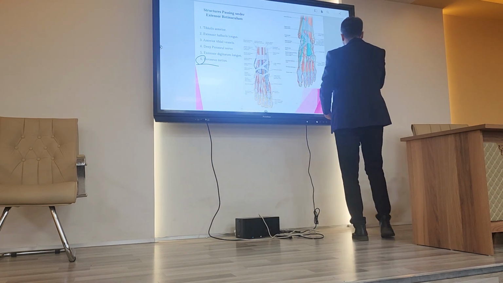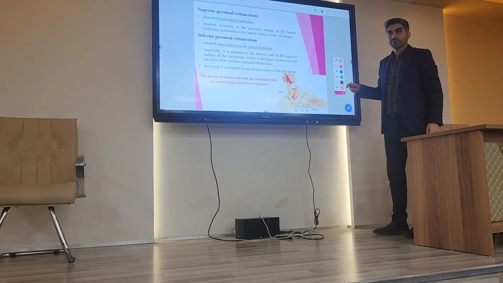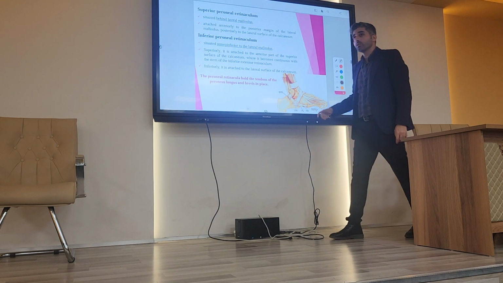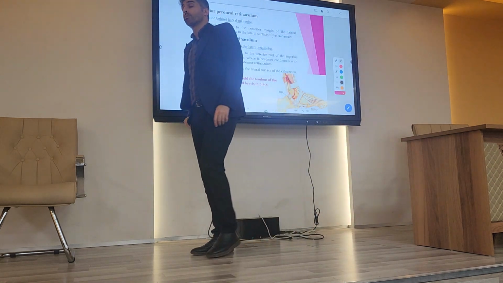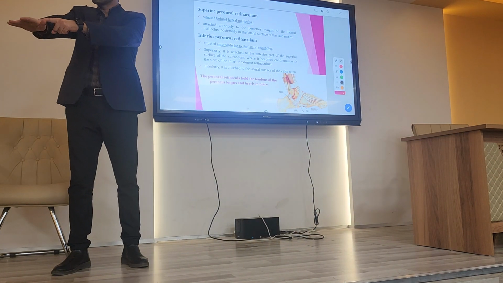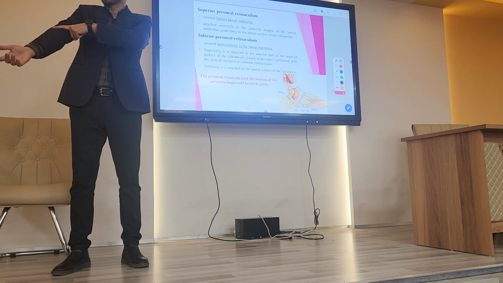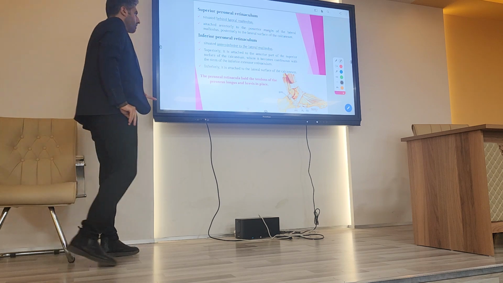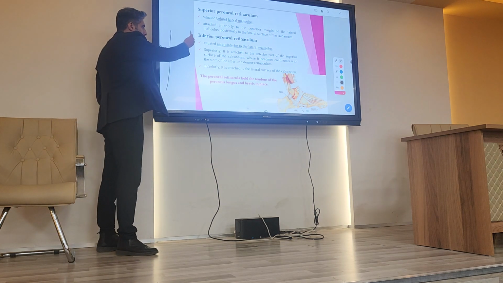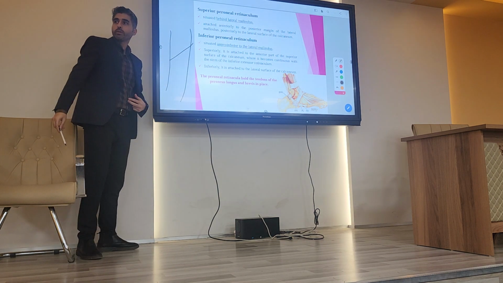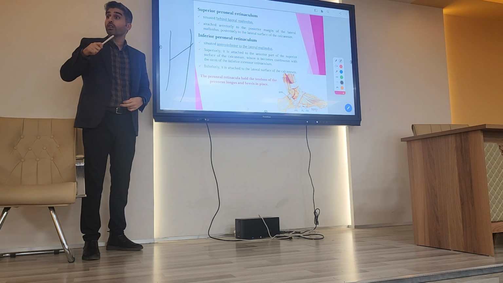Or any other question? Yes? What about this region? Very good question. This region, we have superficial veins, cephalic vein, basilic vein. Here they have a connection between the cephalic and basilic veins: the median cubital vein. So this is a superficial vein.